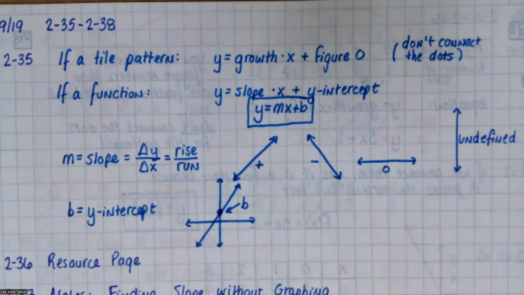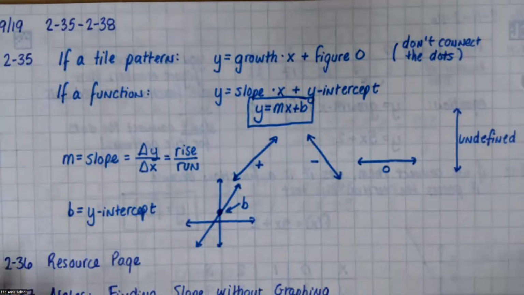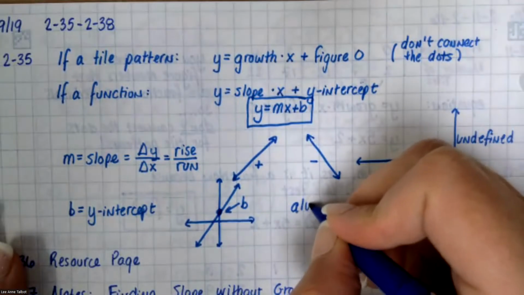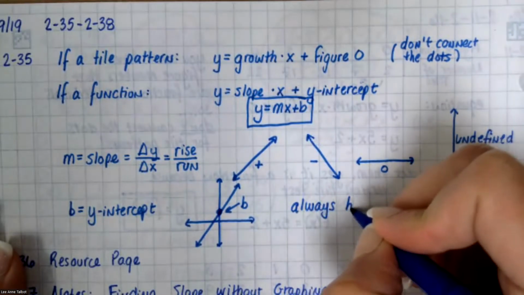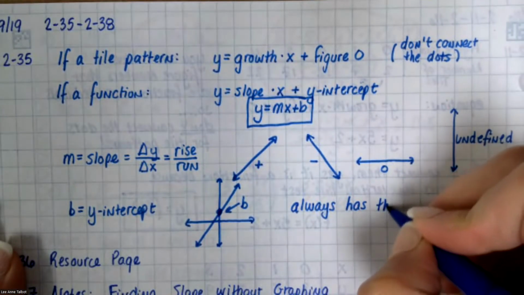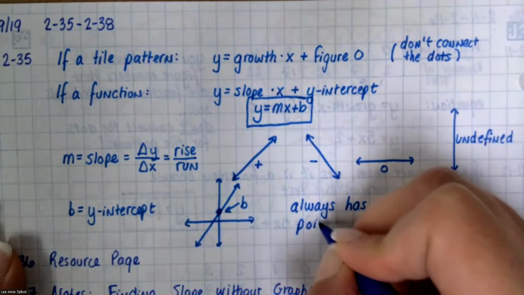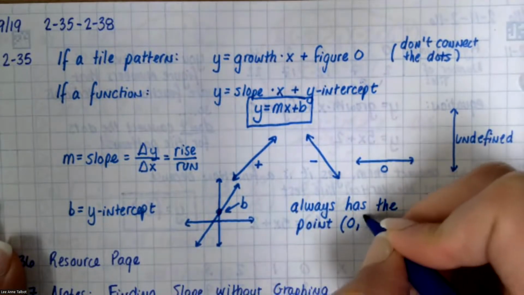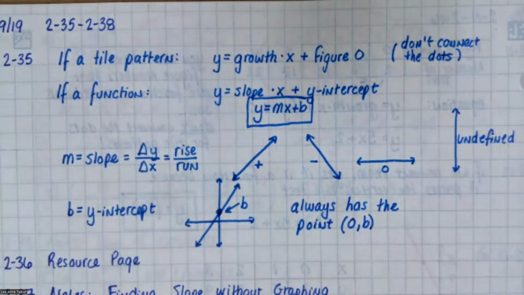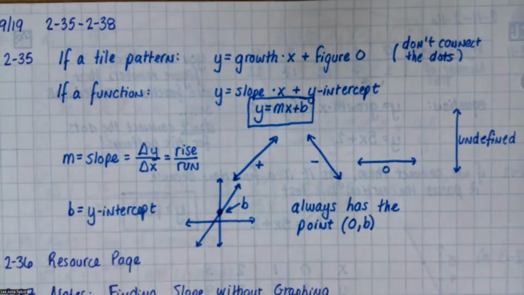So I always want you to picture that as you start as figure 0 on the y. And then it always has the point 0, b.